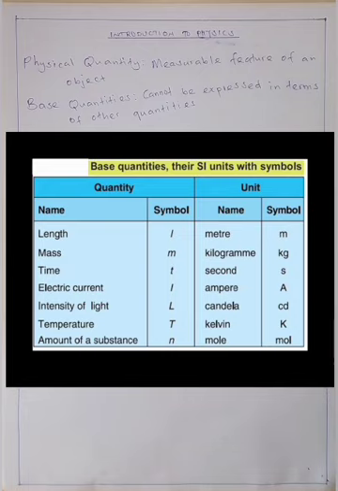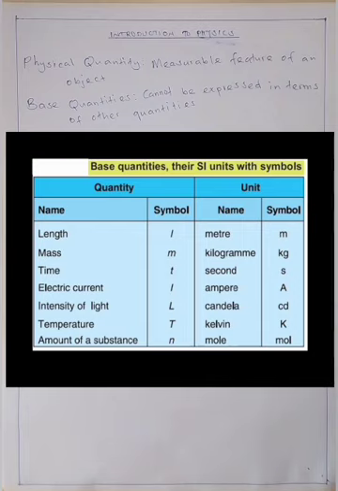So the SI unit for length is the meter, with small letter m. Time is second, with small letter s. Mass, kilogram, small letters kg. Now look at electric current and temperature. When writing these, we use the names of people: ampere and kelvin.